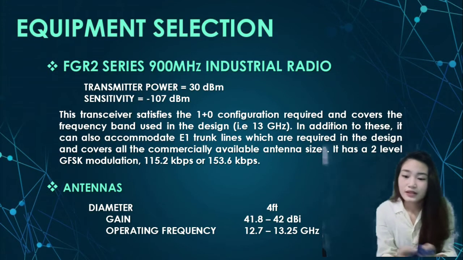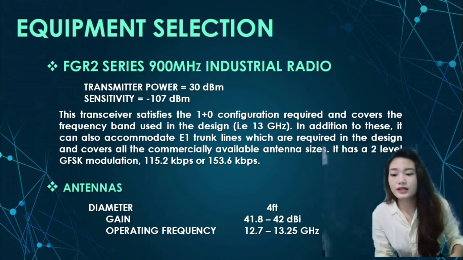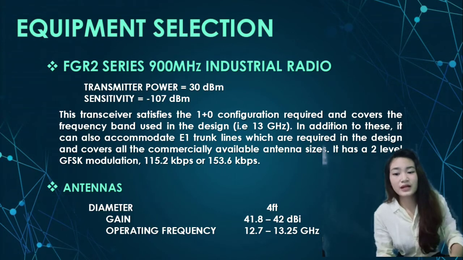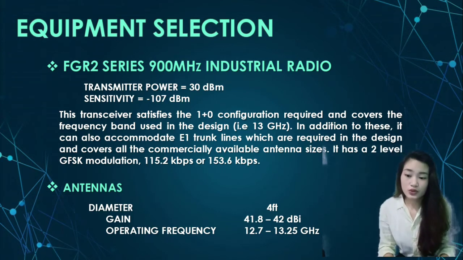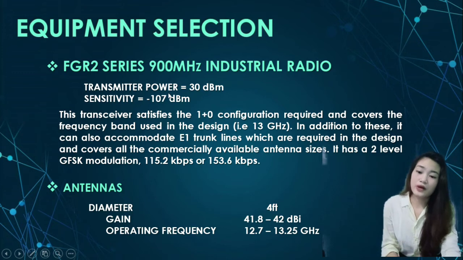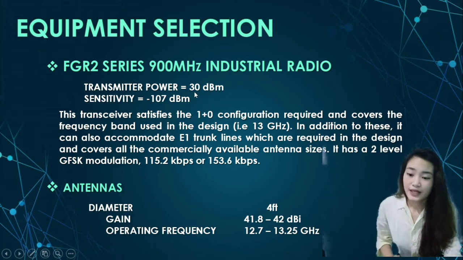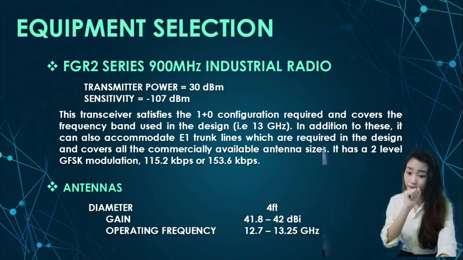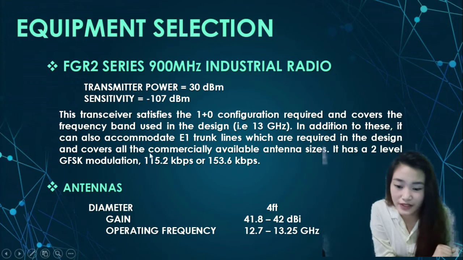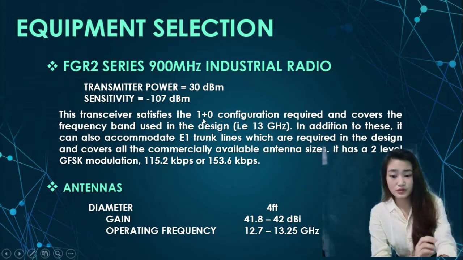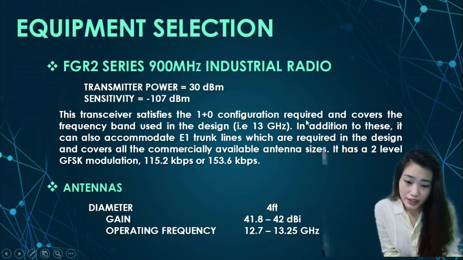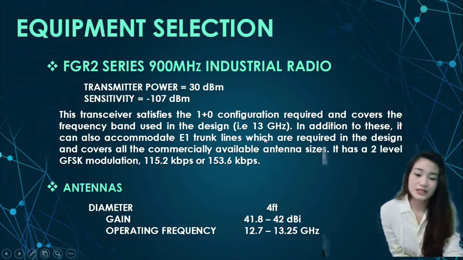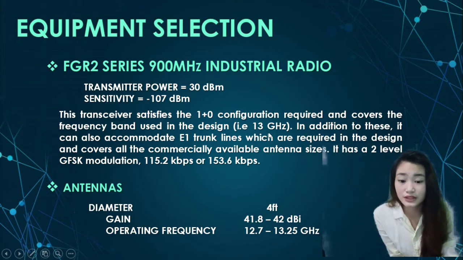Equipment selection. The first one that I chose is the FGR2 series, 900 megahertz industrial radio. Its transmitter power is 30 dBm and its sensitivity is -107 dBm. This transceiver satisfies the 1+0 configuration required and covers the frequency band used in the design, for example, 13 GHz.